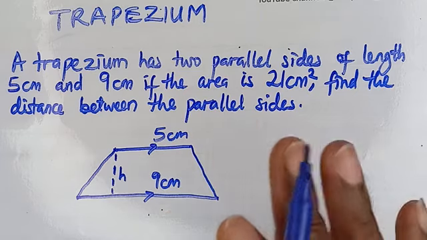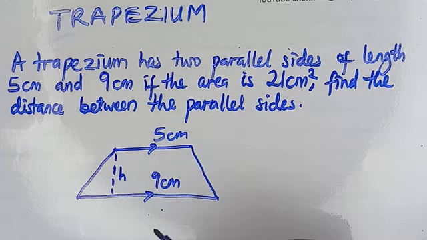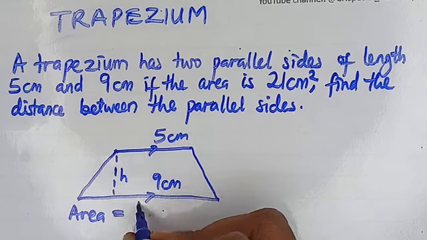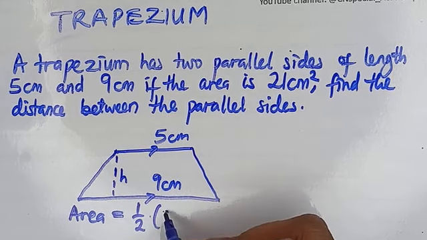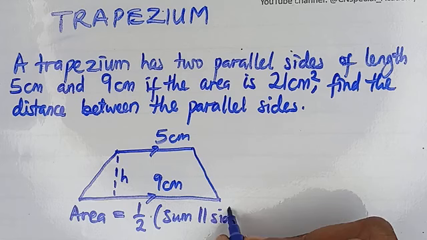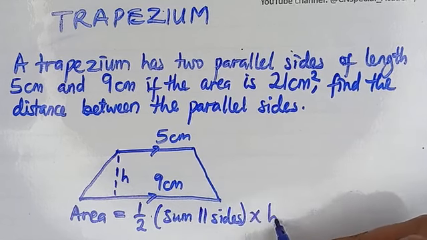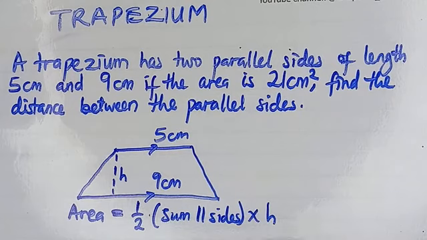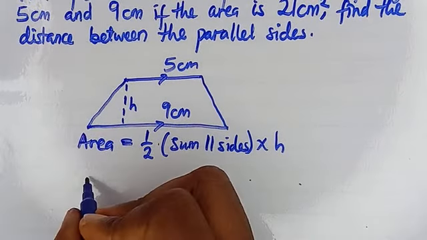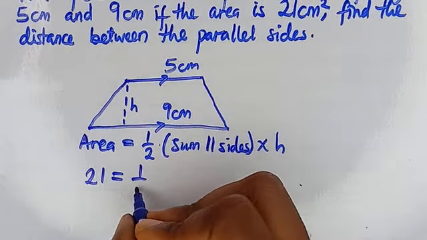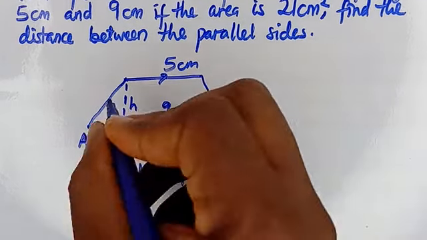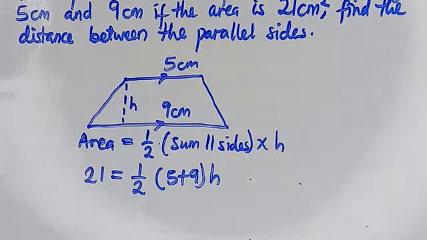Now, what we have to do is to write out the formula of a trapezium. Area is equal to half of the sum of parallel sides times height, right? So we substitute what we know. Area is equal to 21 cm squared. Half the sum of parallel sides, we know that is 5 plus 9, and then this height, the distance between the two parallel sides.